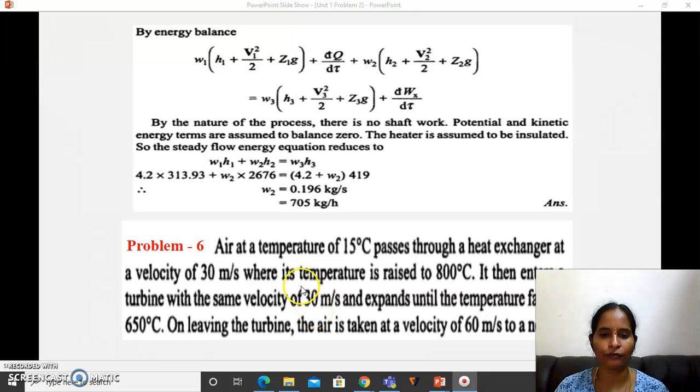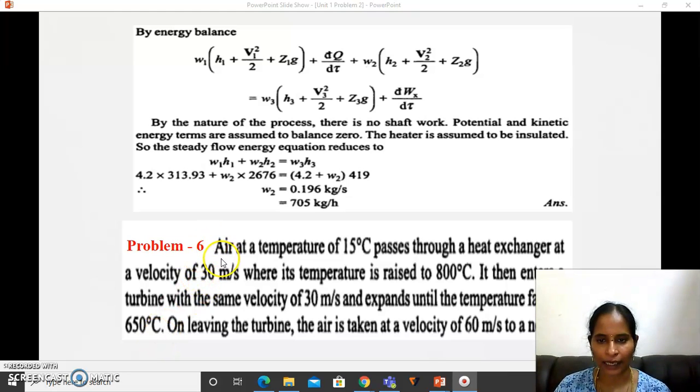Air at a temperature of 15 degrees Celsius passes through a heat exchanger at a velocity of 30 meter per second, where its temperature is raised to 800 degrees Celsius. It then enters a turbine with the same velocity of 30 meter per second and expands until the temperature falls to 650 degrees Celsius.